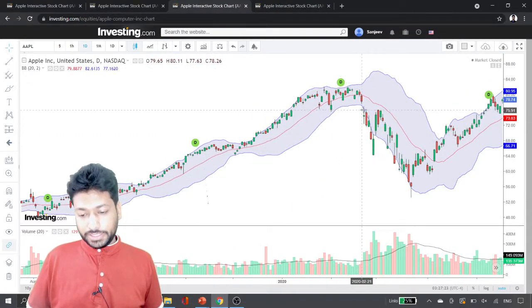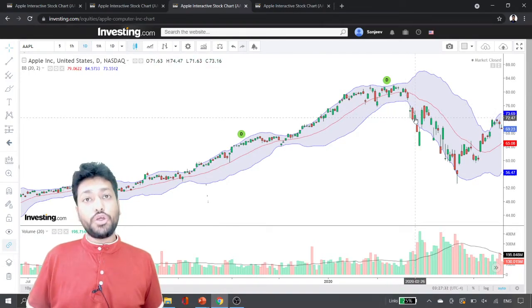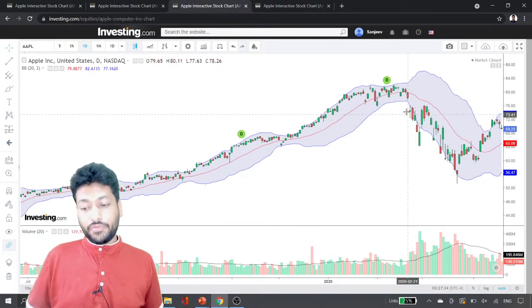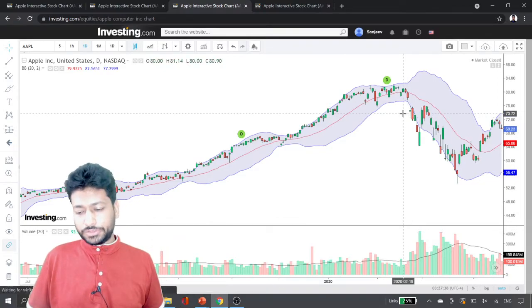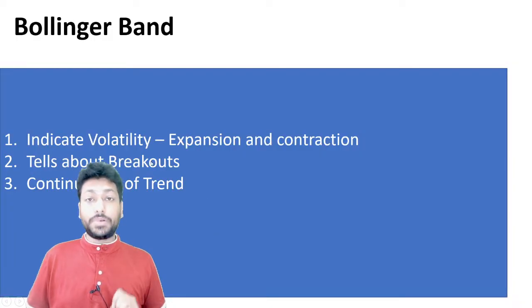You can see that the candles are outside the area of this Bollinger Band. So in this whole area you can enter the trade, or you can get the signal here for outside the Bollinger Band, that the prices are going outside, so the prices are decreasing, and this is an indicator that there is a breakout, that the prices are going to increase or decrease.